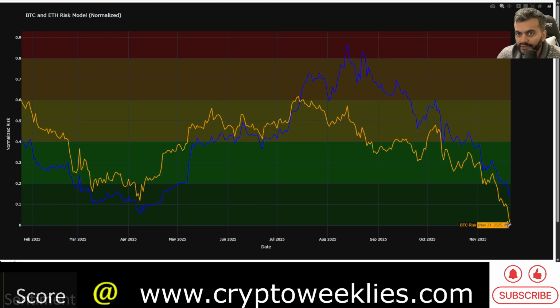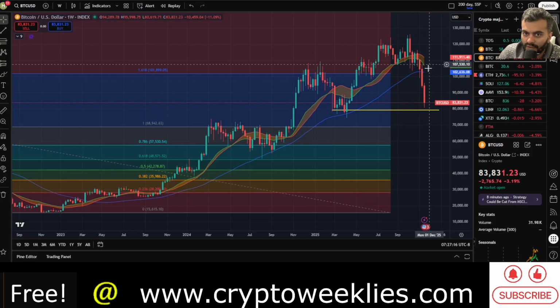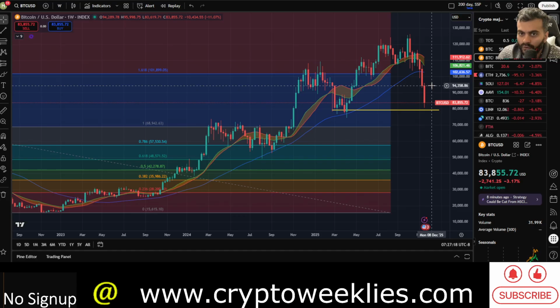That means the divergence between the price and the 20-week simple moving average price. Now the 20-week simple moving average is at around $112,000. Bitcoin is at around $83,000 or $84,000.